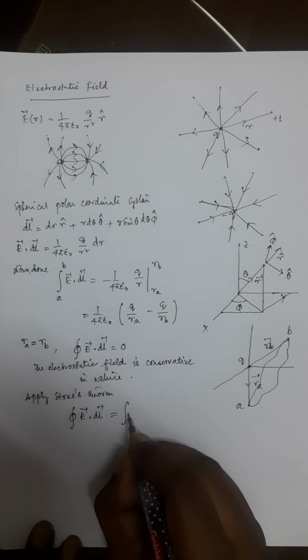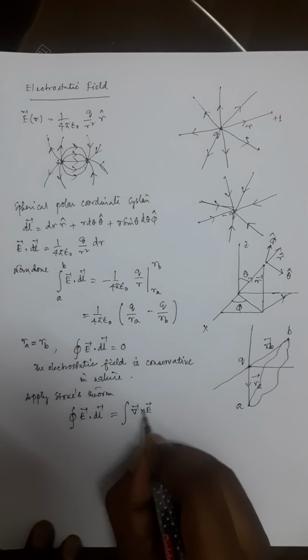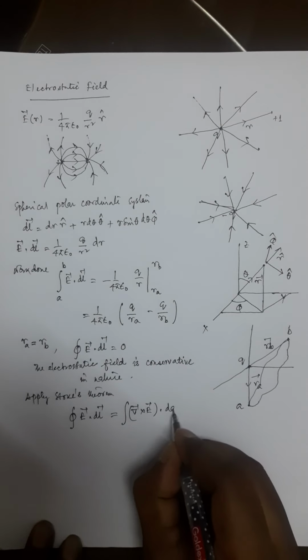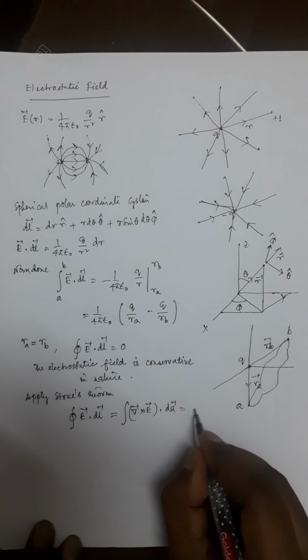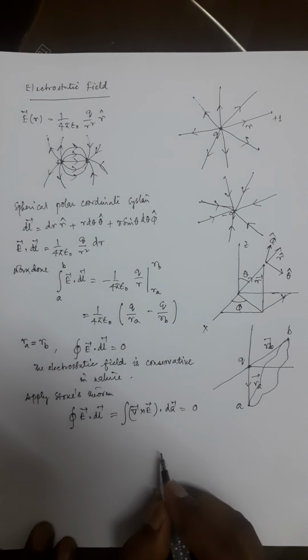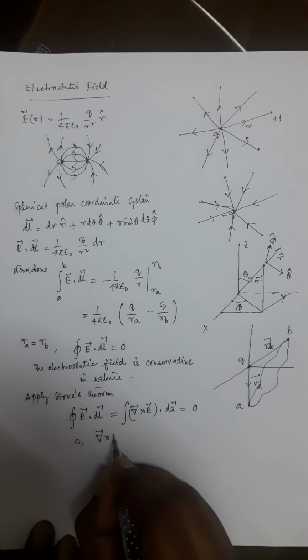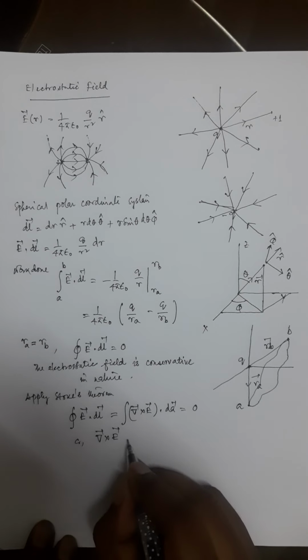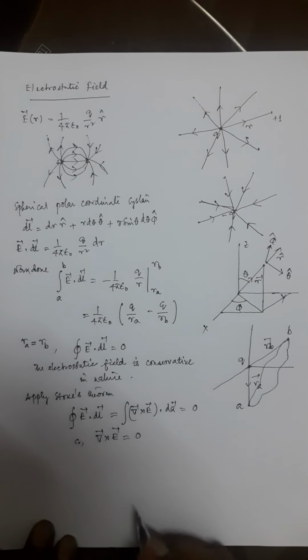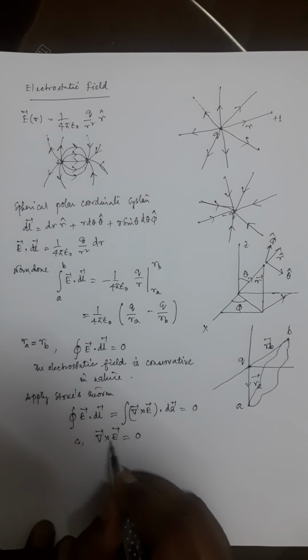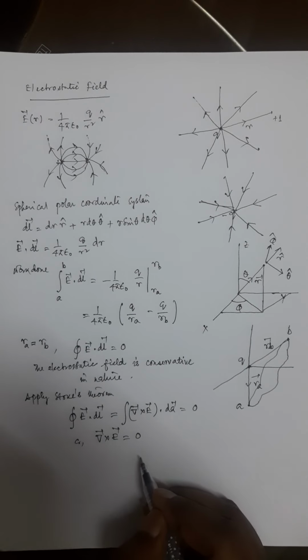So, this gives curl of E dot dA, and this is 0 as we have got. So, the curl of the electric field vector is 0. So, this electric field vector is irrotational, and it does not contain any rotational component in it.